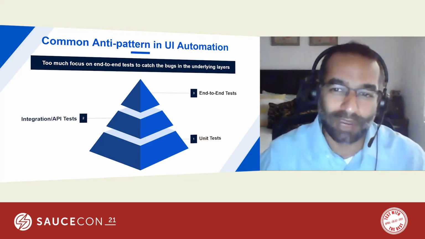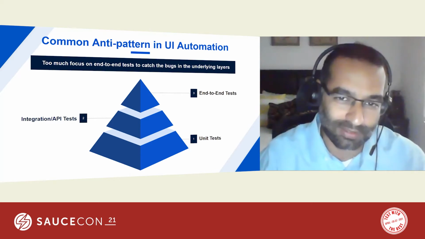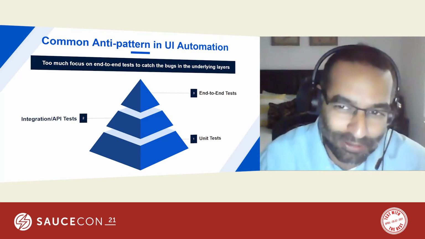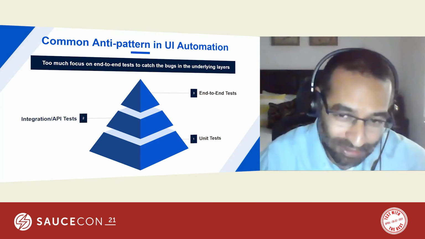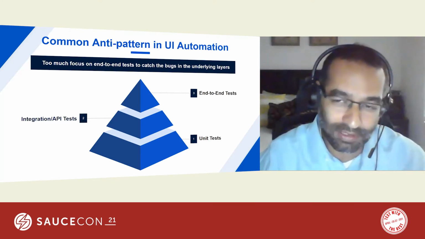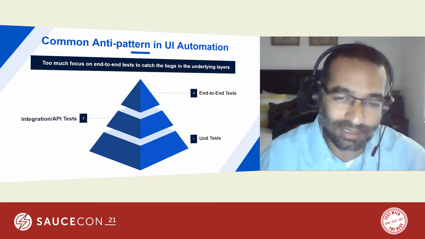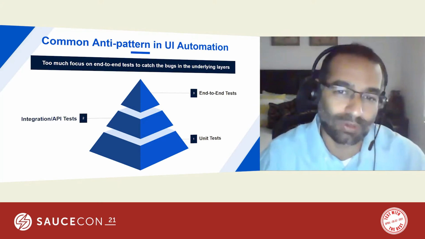They will say, okay, why not let end-to-ends cover your API integration tests or unit tests? For example, in my previous organization, I was writing end-to-ends to do field validation. Field validation should be done at unit test level, right? Not end-to-end. But that's an anti-pattern, or people don't have the expertise to write this, or developers don't have time to write this.